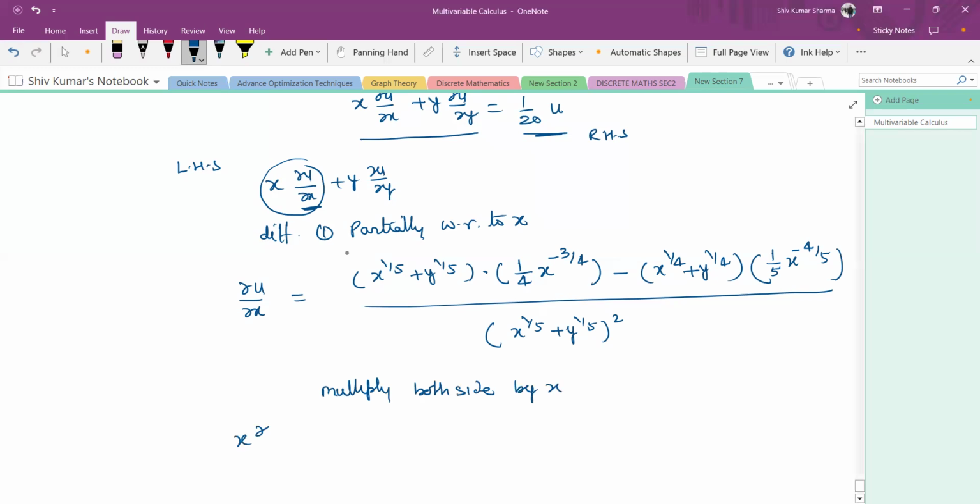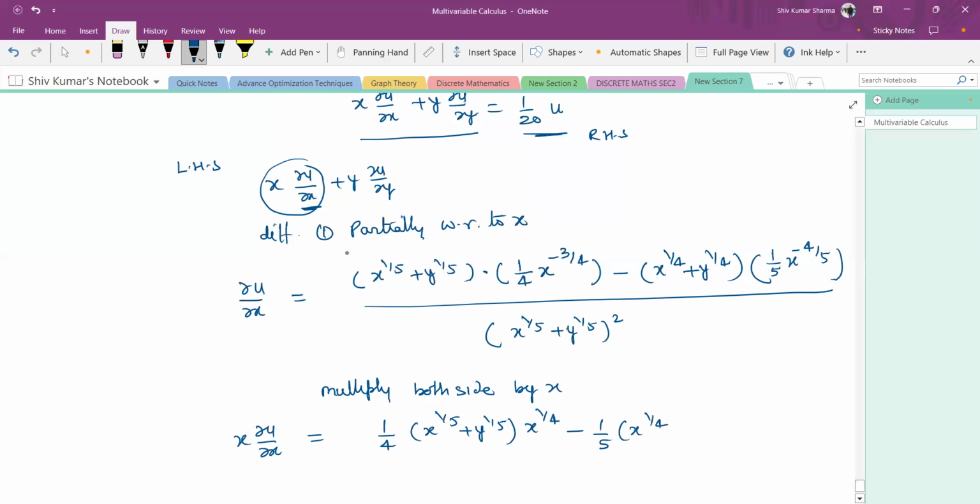So we write x del u upon del x is equal to, so when we multiply both sides by x, this 1 by 4 constant we take first, so that we can write x raised to the power 1 by 5 plus y raised to the power 1 by 5. So here the power is x raised to the power minus 3 by 4. So we multiply by x, so the power will be plus 1. So this gives us x raised to the power 1 by 4 minus 1 by 5.